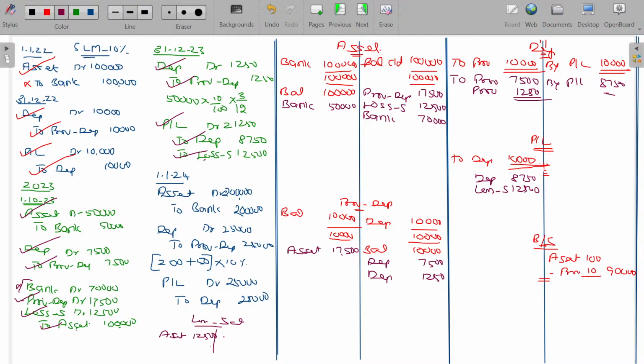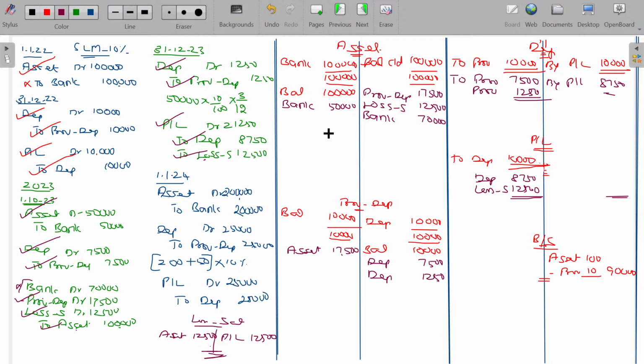In loss on sale, here P&L account 12,500. Transfer here loss on sale. So this account is closed. That's why we usually don't worry about the loss on sale account. If you want to pass a journal entry, pass as usual profit or loss and then transfer to the P&L account. Else you will understand easily where it will go and you can post that directly, no problem.